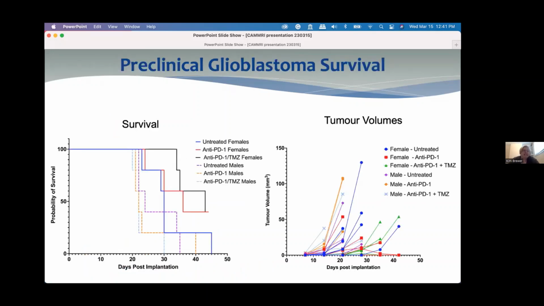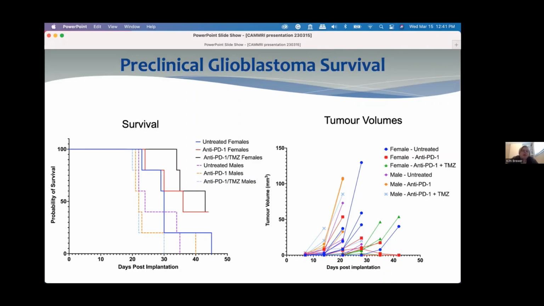There was a significant difference in survival with treatment. Interestingly, there was a significant sex difference with treatment. Anti-PD-1 and TMZ treated females, which is the black line on the left, actually had the highest survival rate of all of the groups, followed closely by anti-PD-1 only females.